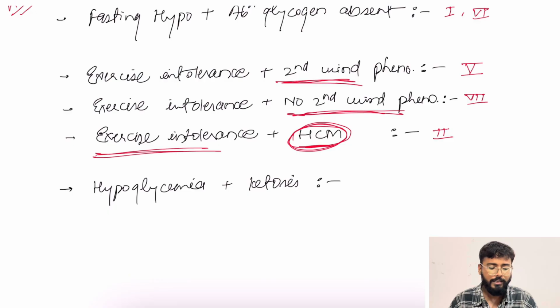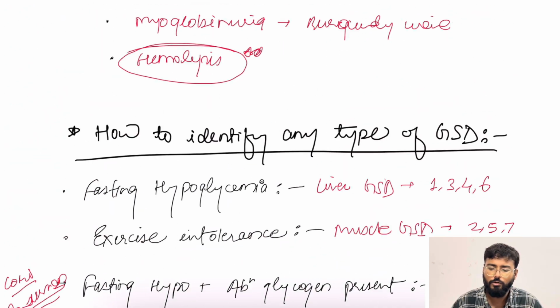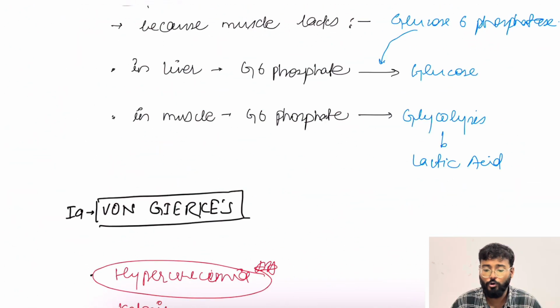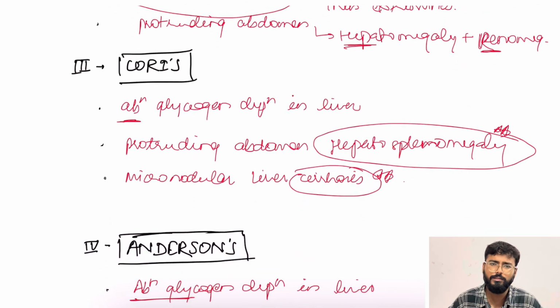So if you see hypoglycemia plus ketosis, it is either first or third. It is either first or third. So if you read the question and see only ketosis, not many other features, then it is going to be the third one.